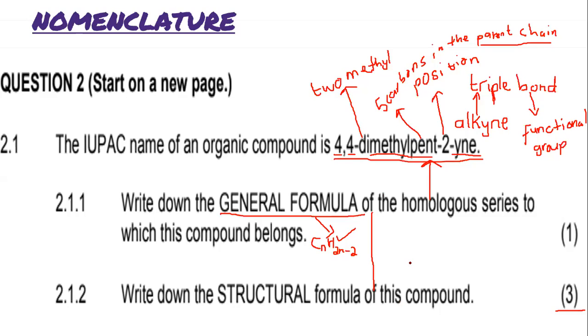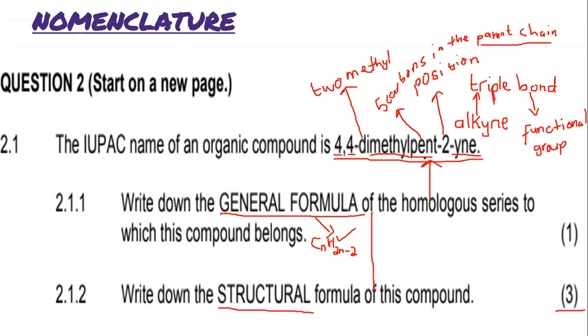Now, we know they are saying it must be a structural formula. It means all the atoms must be shown as well as the bonds. And we know when we draw a structural formula, we always start with the parent chain and we end with the substituent. It's like the parents, we start with them and the children come afterwards.